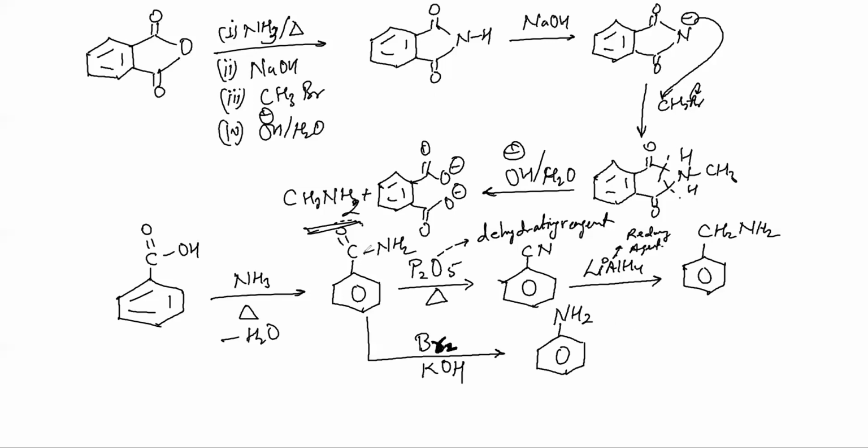See, if you don't want to lose carbon, and you want NH2, go for path 1. If you want to lose one carbon, go for path 2. In path 1, you did not lose any carbon, did you?